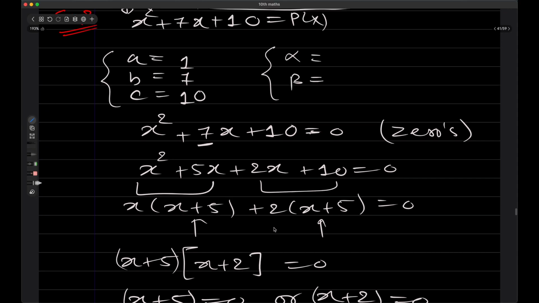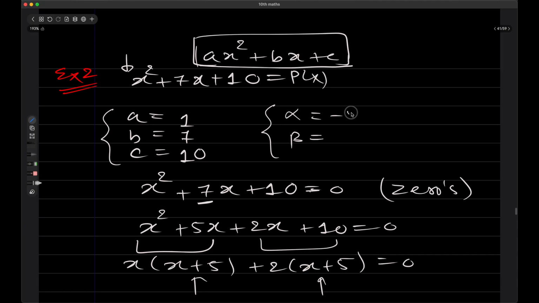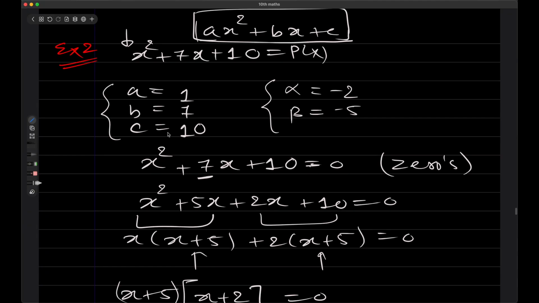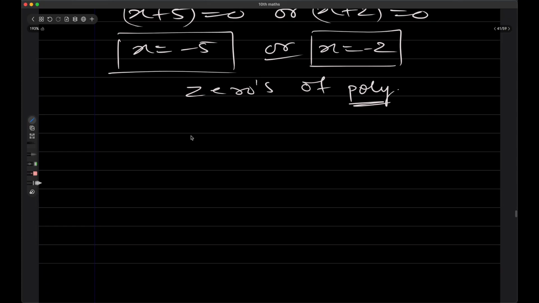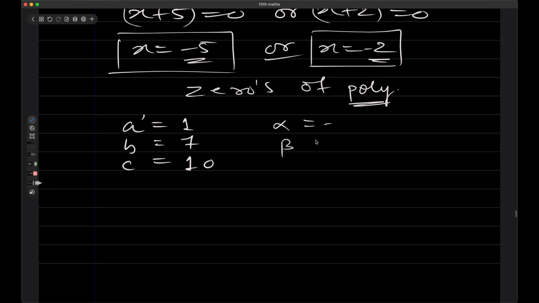So we got alpha and beta, that is minus 2 and minus 5. We got a, b, c equals 1, 7 and 10, and alpha, beta equals minus 5 and minus 2. The polynomial was x square plus 7x plus 10.